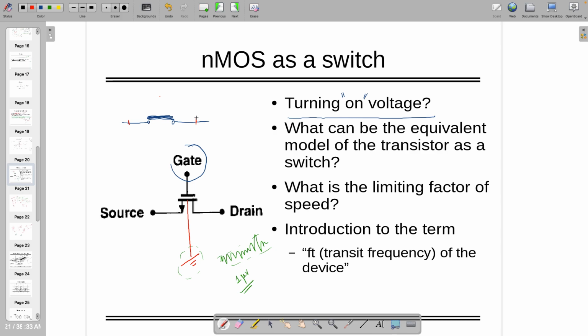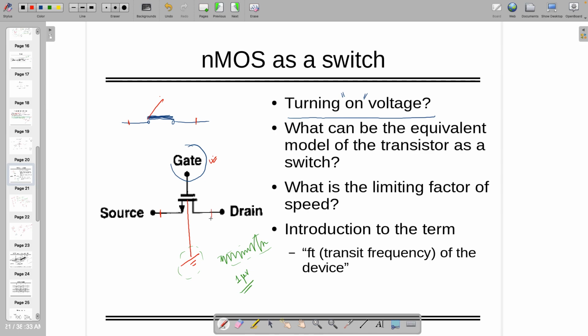The off state is when it's open. The on state will have minimum resistance, as low as 0. In the off state, it has to be as high as infinity. The same thing we are expecting from this switch. When the gate voltage is enough, something more than the threshold voltage, then whatever the voltage is at the source will be available at the drain, or vice versa, because drain and source are interchangeable.